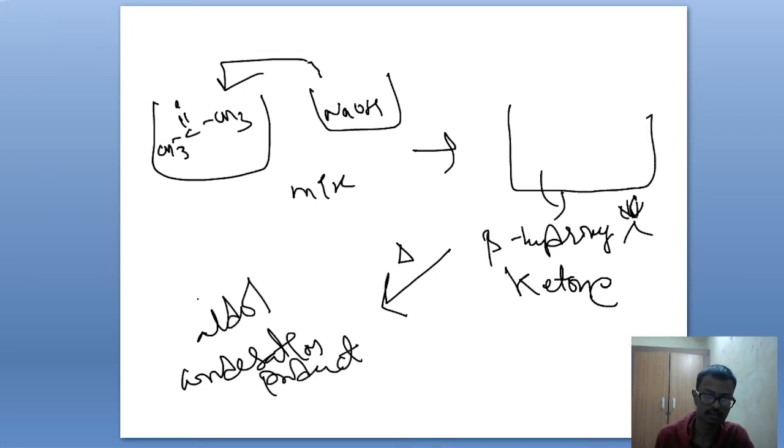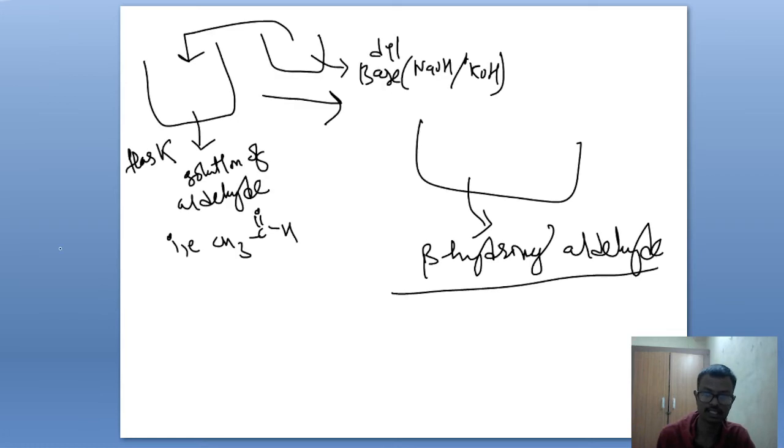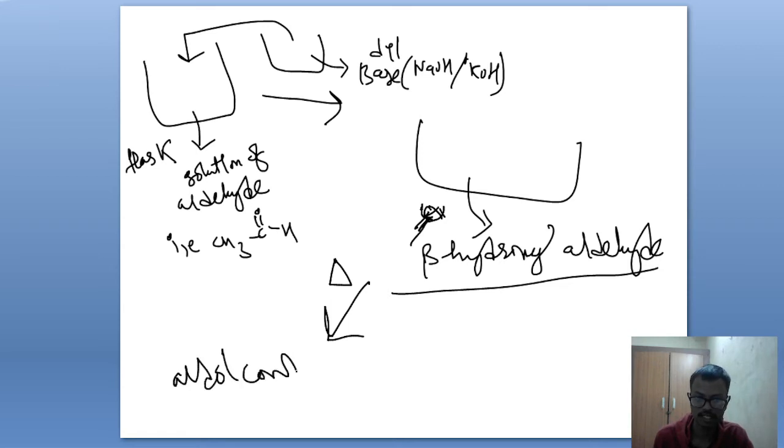Here also, as in the previous case, I want to mention that after you get a beta hydroxyaldehyde, if you heat it over a flame, then you will get the aldol condensation product. Okay, simple.